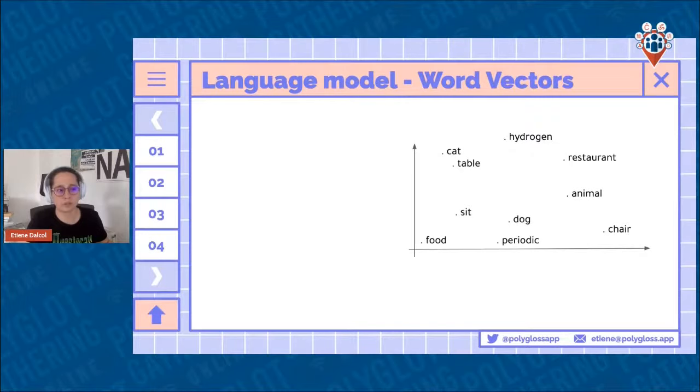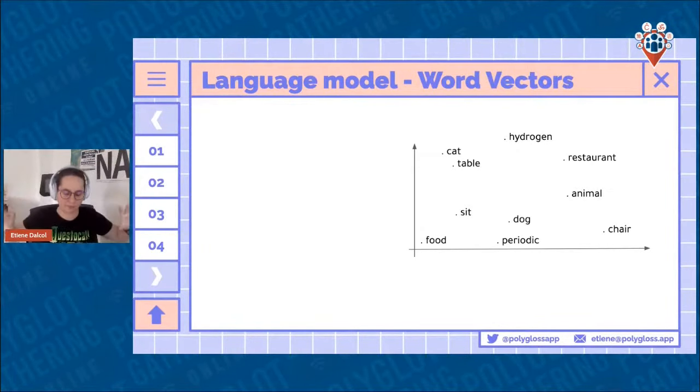One modern way of doing that is using something called word vectors. I'm just going to give a full intuition of it without going into the details of how this is built. But suppose we go through a giant data set of language, like the whole Wikipedia, and then we get all of the words and put them randomly across a graph.